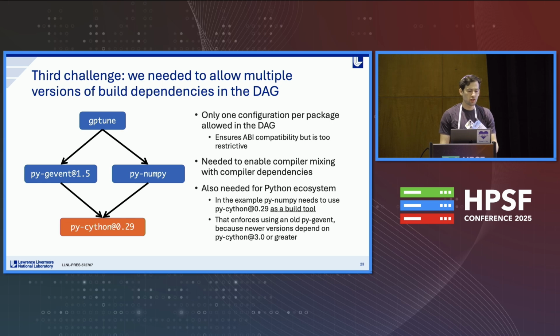So our third challenge is, to get to compilers as dependencies, we needed to be able to have multiple versions of build dependencies in the graph. And this makes sense, right? People will build part of their graph with GCC and part of it with oneAPI, and those are both providing the C language as a virtual, and we need to be able to do both of those in one graph.